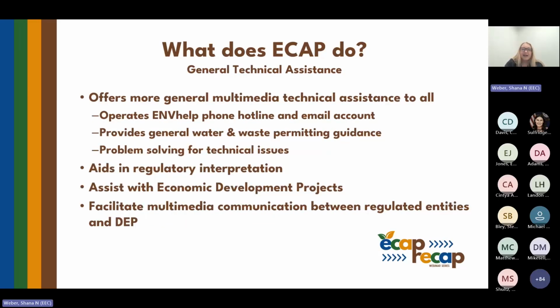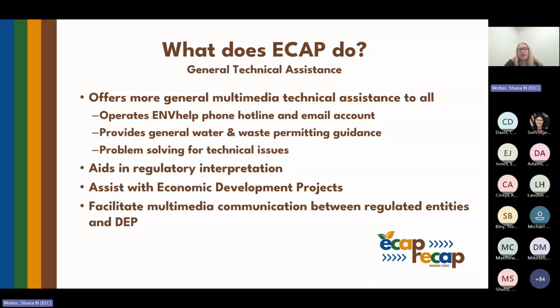Now, Kentucky has actually opted to make our SBEAP multimedia, whereas some states may just focus on air quality. So we do staff a phone and email hotline to take in any requests or questions from companies and the general public. We can really provide a lot of general assistance in several water and waste topics, of course, as well as air.